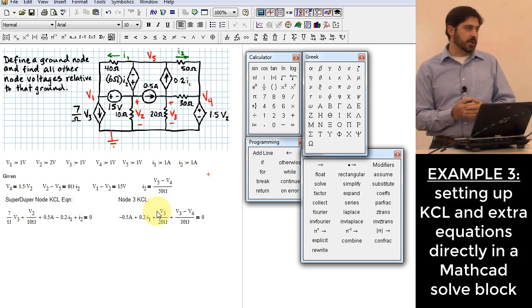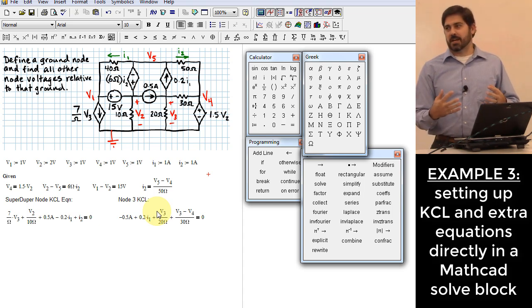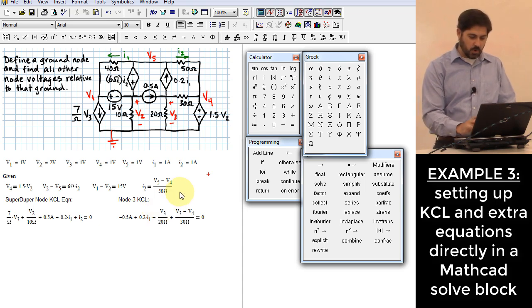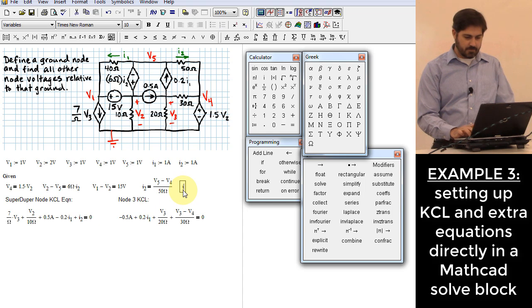How many equations do I currently have? Okay. Any other relationships I can pull out? Do the same thing for I1. Okay. I1, how is it working? Okay. V5 minus V1 over 40 ohms.